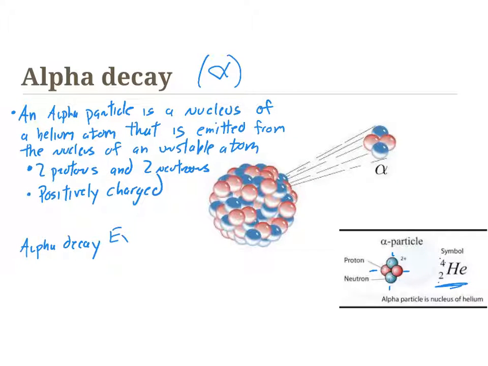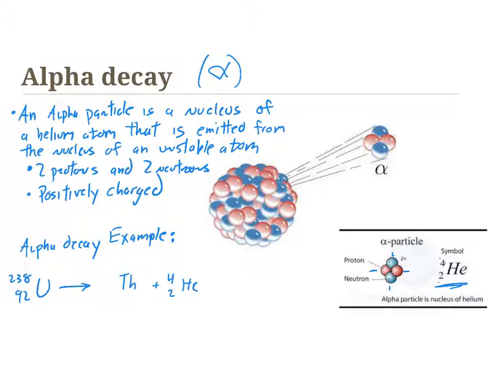Now, an alpha decay example might look something like this. If I take uranium, which has a mass number of 238 and 92 is its atomic number, and I say that it is going to go through alpha decay. When it goes through alpha decay, one of the things that it's going to give off is a helium nucleus, and then what's going to be left, rather, is the element thorium.